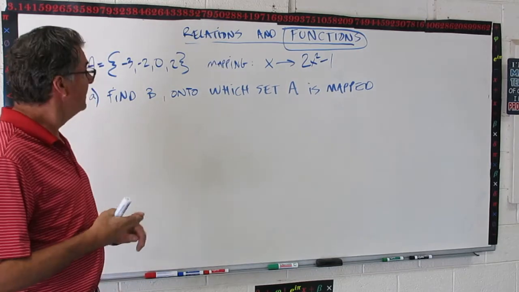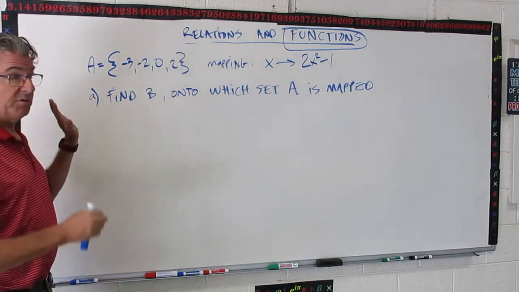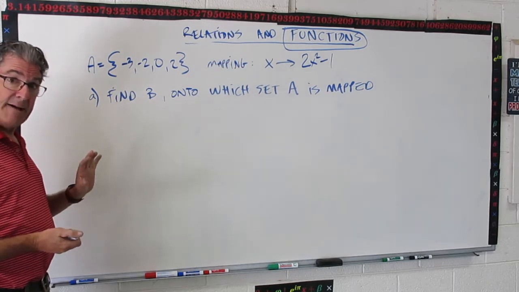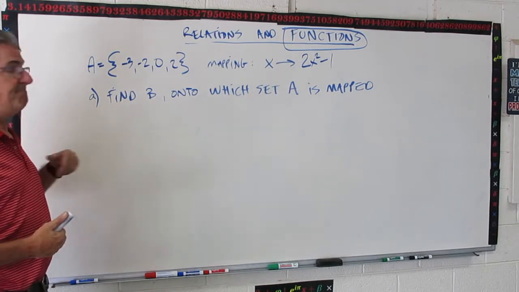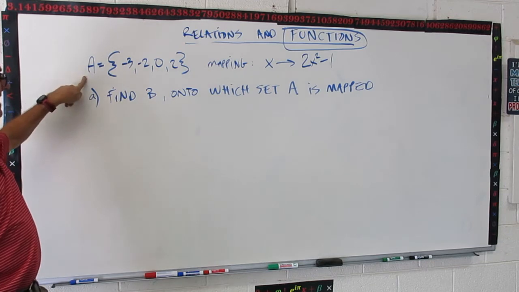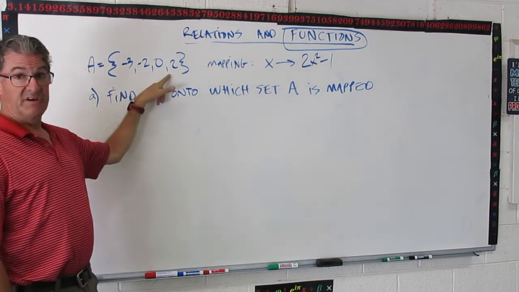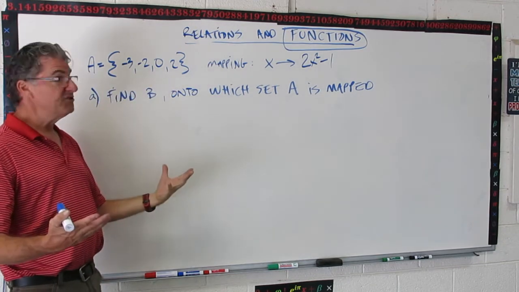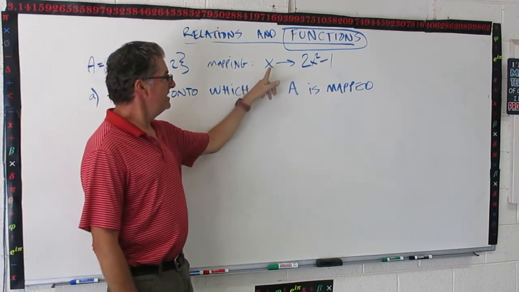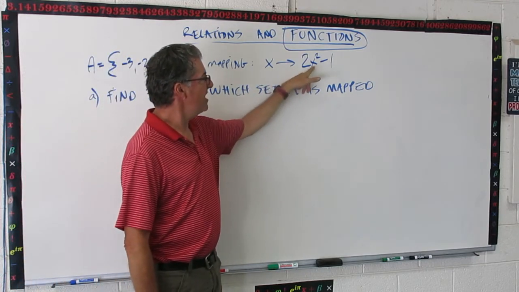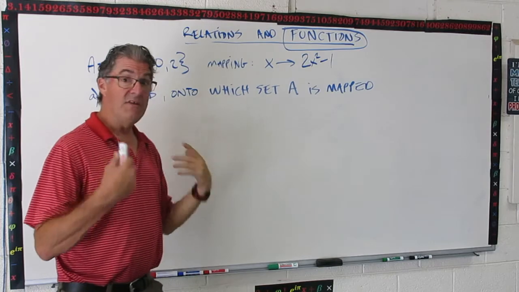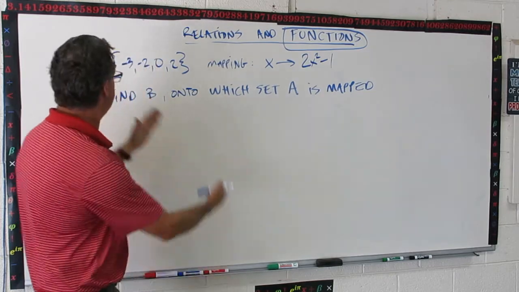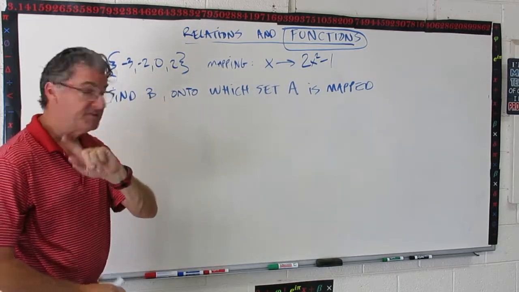and quizzes. Okay, so what we're going to do is we're going to use a function to map to a new set. Okay, so set A is these 4 numbers. Your mapping instructions are x arrow 2x squared minus 1. So what that means is that if this is, okay, actually let me back up a second.